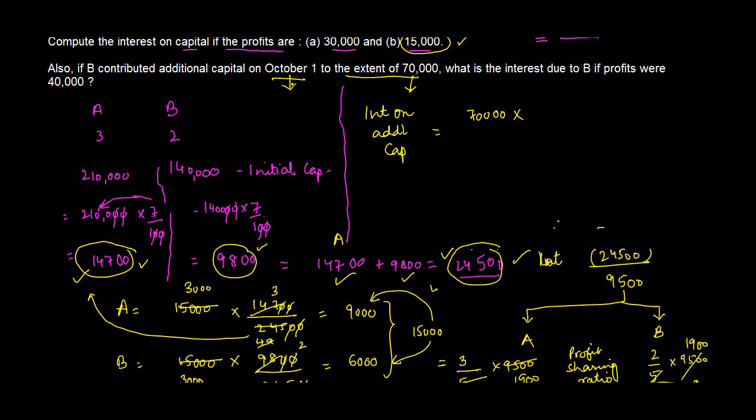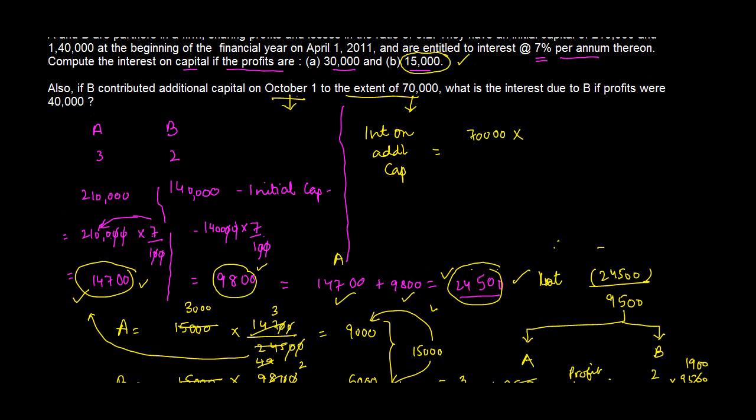So the capital came in on October. We know that the financial year starts from April 1, so the financial year will be April to March. If money came in October, how many months was it used? October, November, December, January, February, March. 6 months, right? So 70,000 into 7% per annum.